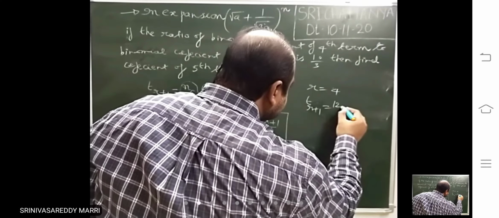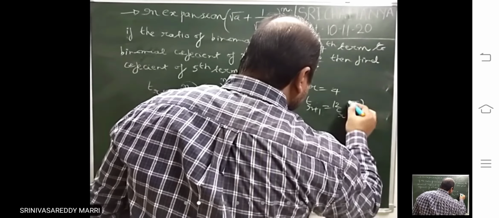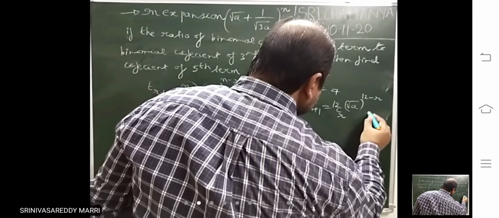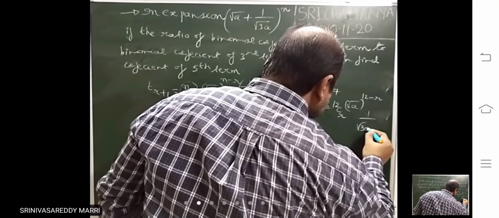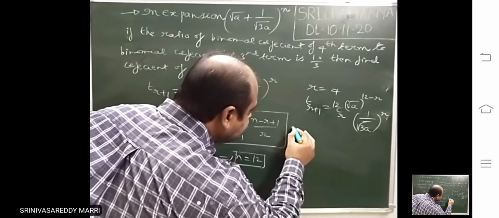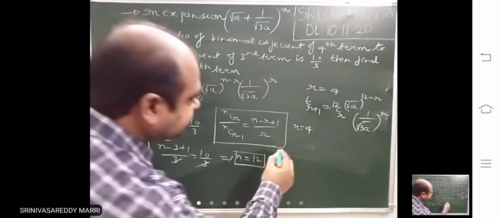The general term of that expansion is 12Cr into (root a) to the power 12 minus r into (1 by root 3a) to the power r. Now r equal to 4, then you will get the fifth term.